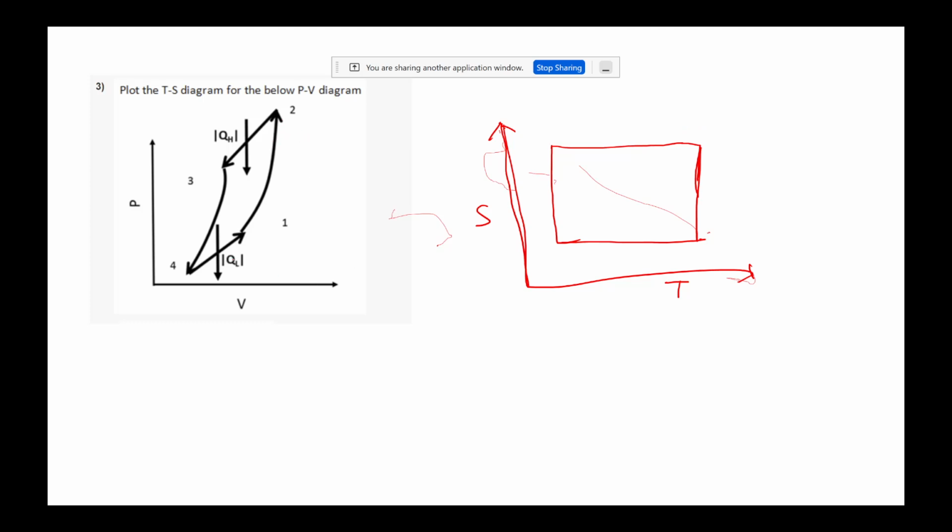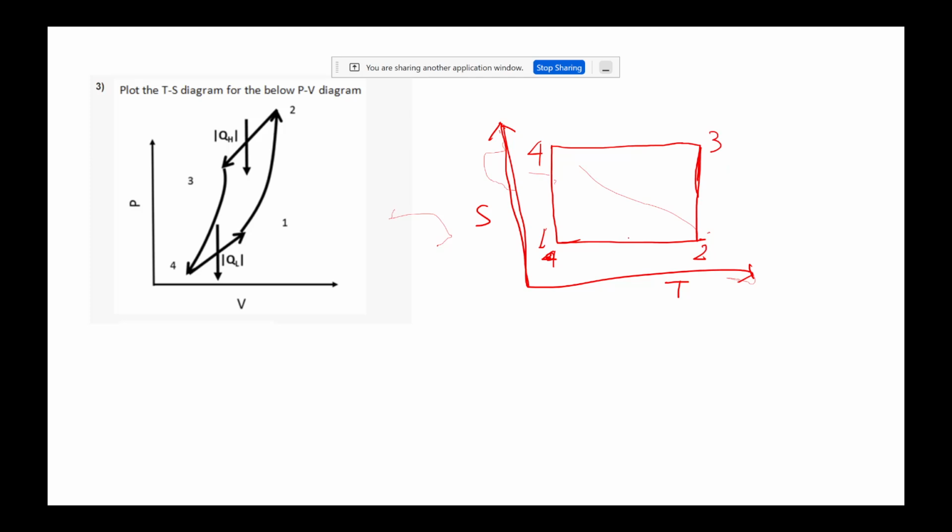So 4 or 1 will be at the lower temperature. This would be 4, this would be 1, and this would be 2 and this would be 3.